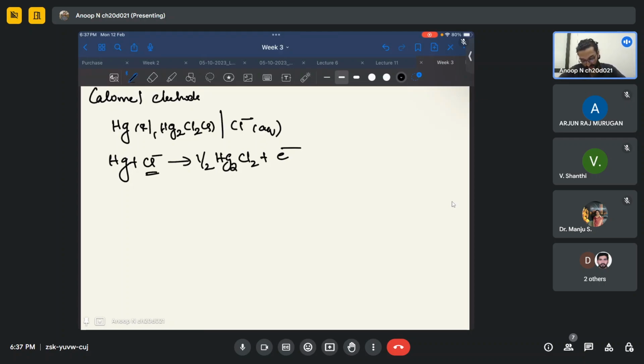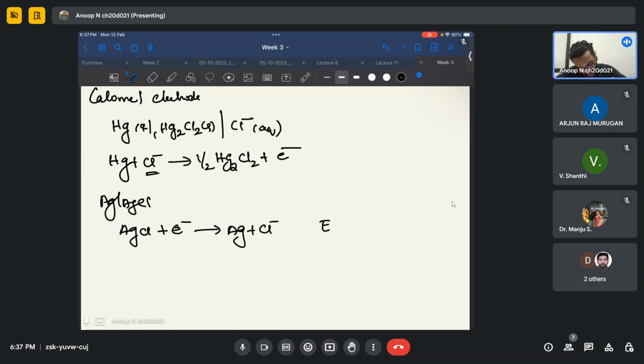Similarly, how is the AgCl electrode? I'm clubbing it with the standard hydrogen electrode, or I'll write it as it is. AgCl plus an electron gives Ag plus Cl minus.